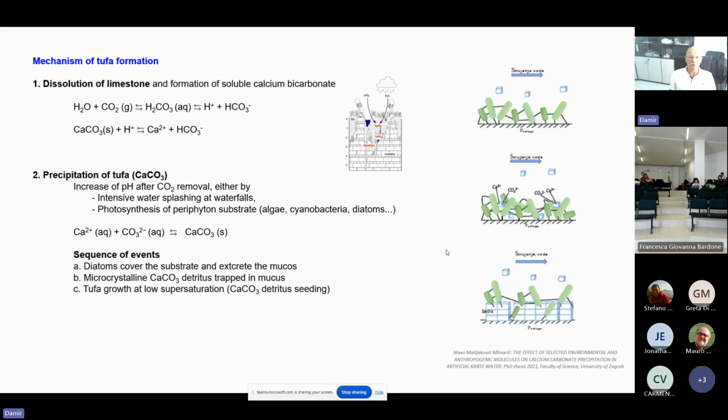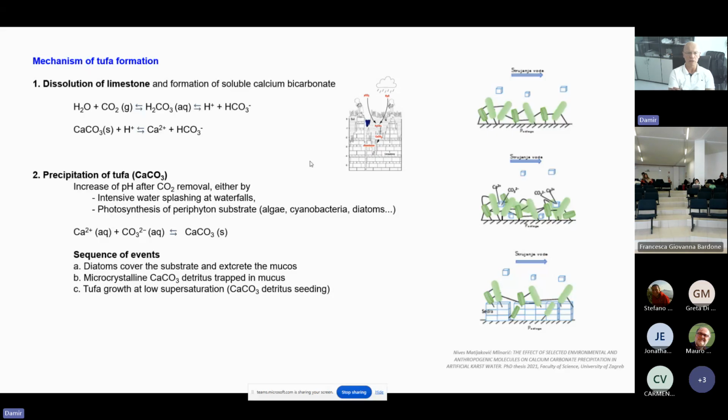As already said, the mechanism of tufa formation assumes all these steps, from dissolution of carbon dioxide and dissolution of calcium carbonate, but after the water leaves and reaches the surface, there is a specific sequence of events which probably results in the formation of tufa.